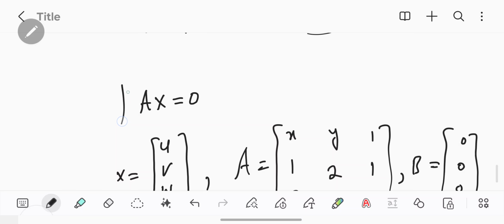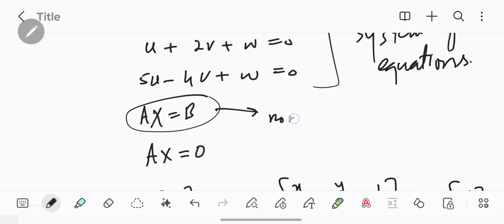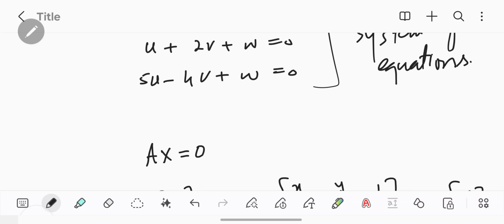So this system is called a homogeneous system of linear equations, and the previous system which we have done, Ax equal to b, was non-homogeneous. For the non-homogeneous we use Cramer's rule and the other things, matrix inversion method and row echelon form, etc. But this is the homogeneous system. It has a different scenario.